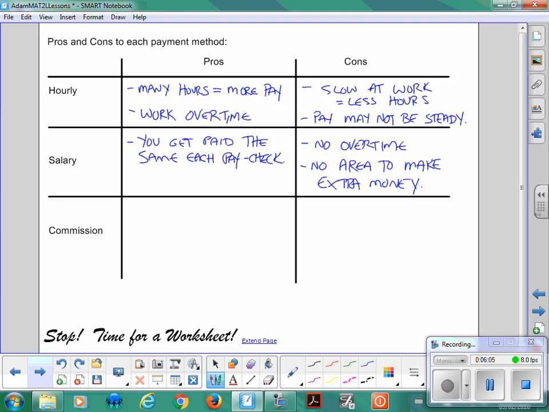You can't make extra money on salary because there is no overtime. So if you work a 60-hour week, you get paid the same as you did when you worked your 40-hour week. So you've got to weigh it out. It's so nice getting the same each month or each paycheck because you can budget easier. But you have to remember that's all you're ever going to get on every paycheck.